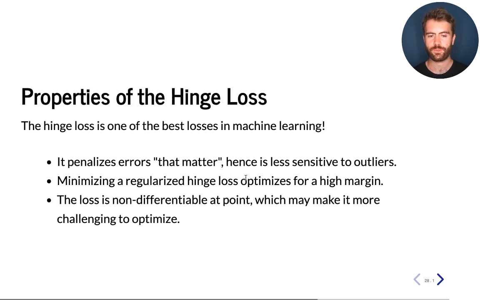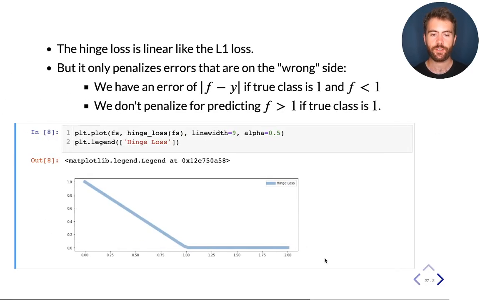And finally, one problem with this loss, which is, I guess, a downside, is that it is not fully differentiable. So here, this is a kink. It's a point at which the derivative is not exactly defined.